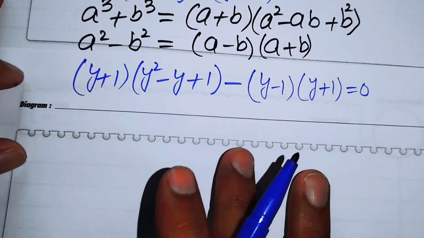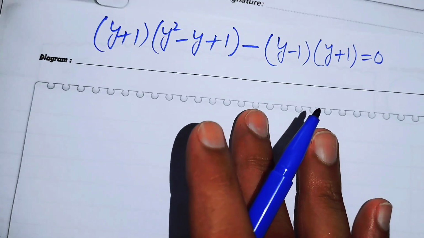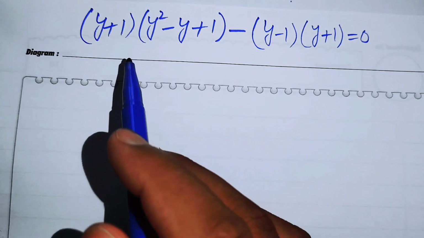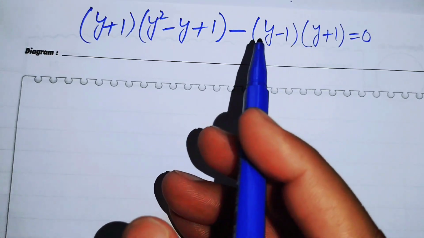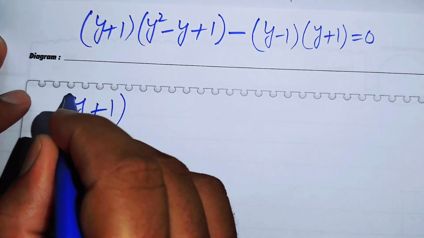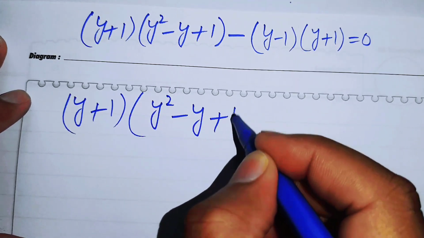And now you can focus on both of the terms, and you see that we can take y plus 1 common from both of the terms, so that you get y plus 1 times y squared minus y plus 1.